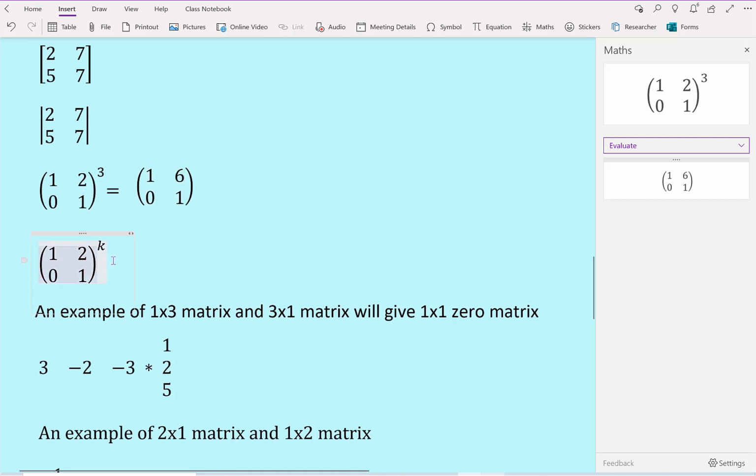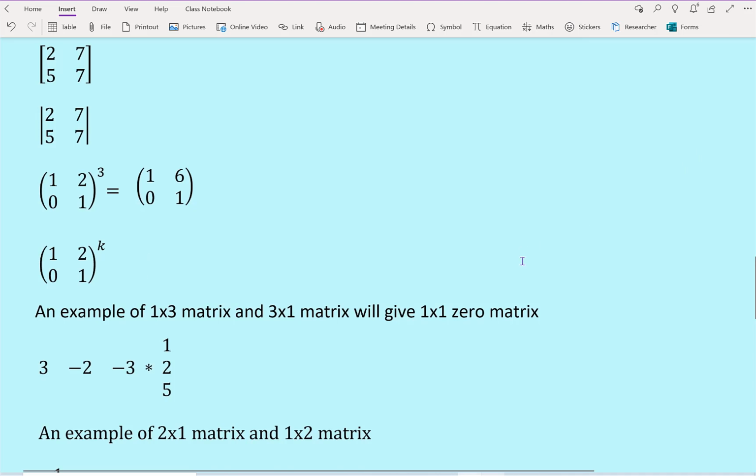So if I perform an action on this, I would expect the result to be 1 and then 2k, 0 and 1. Let's see if that is the case. When I press the math button and evaluate, it doesn't pick up. So this is something you need to be able to recognize. There is a limitation when it comes to the complicated stuff.